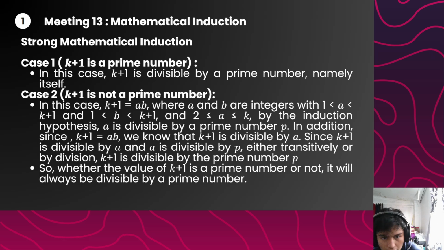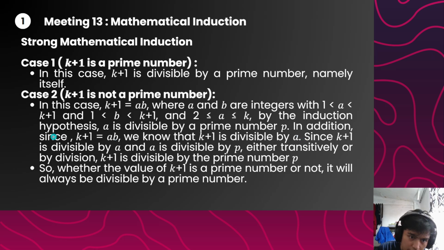In this case, k plus 1 equals ab, where a and b are integers with a greater than 1 and a less than k plus 1, and b greater than 1 and b less than k plus 1. By the induction hypothesis, a is divisible by a prime number p.